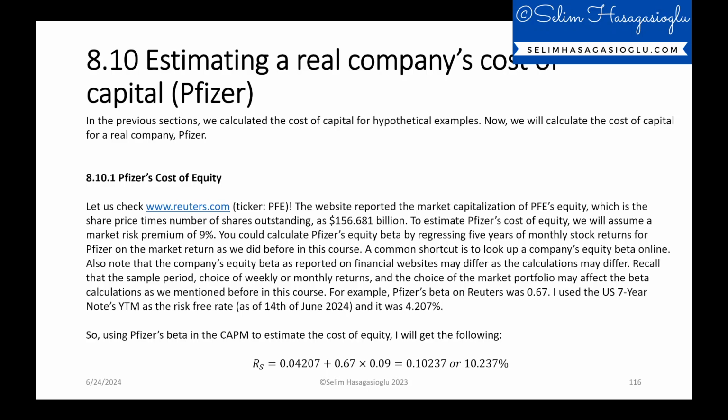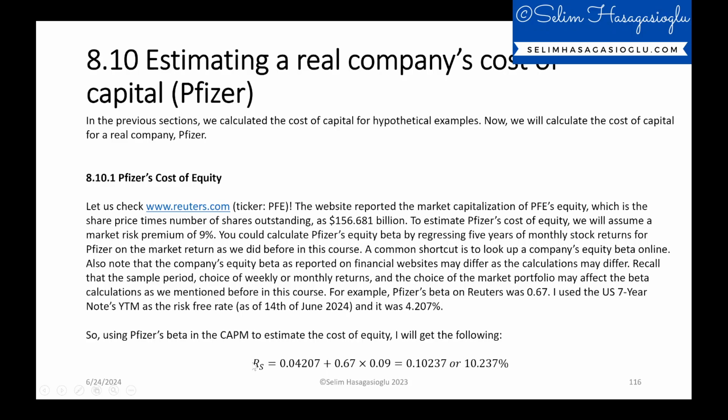I used the US 7-year notes yield to maturity as the risk-free rate as of 14th of June 2024, and it was 4.207%. So using Pfizer's beta in the CAPM, capital asset pricing model, to estimate the cost of equity, I will get the following.